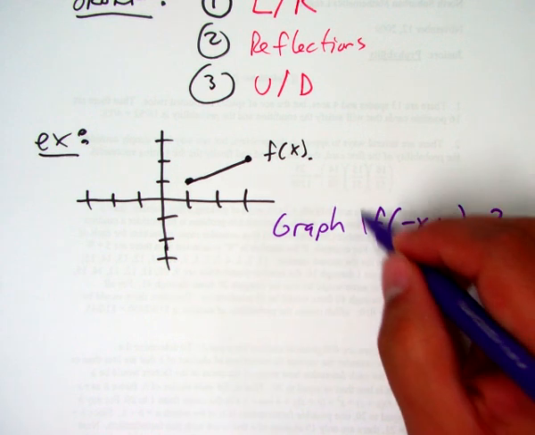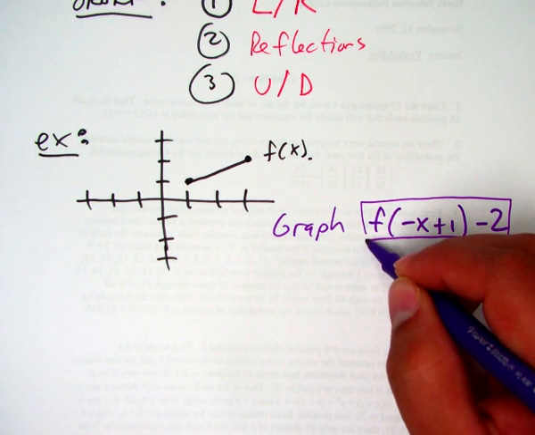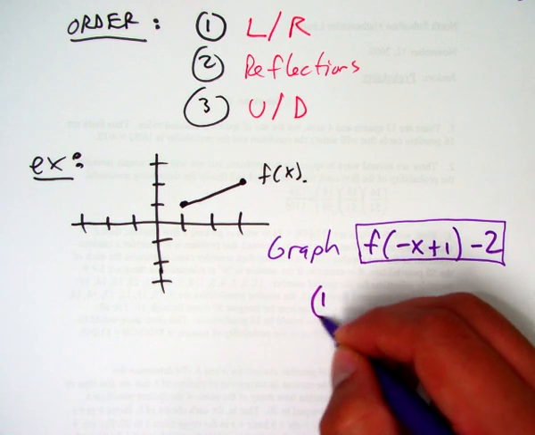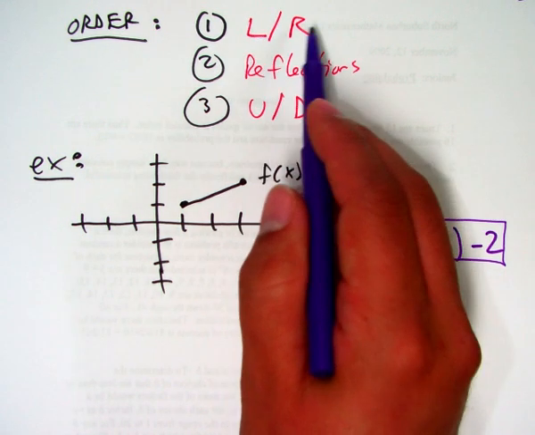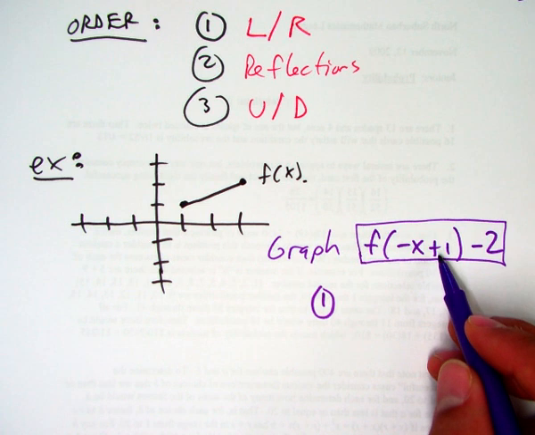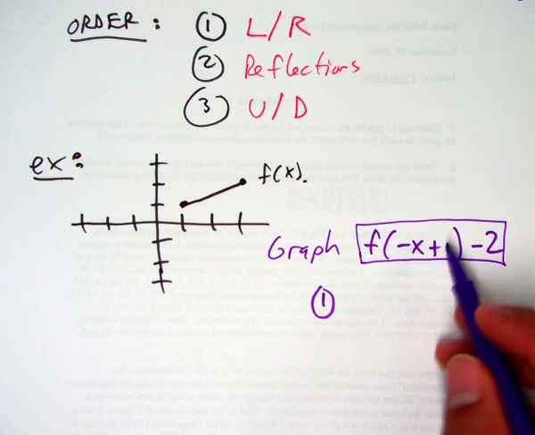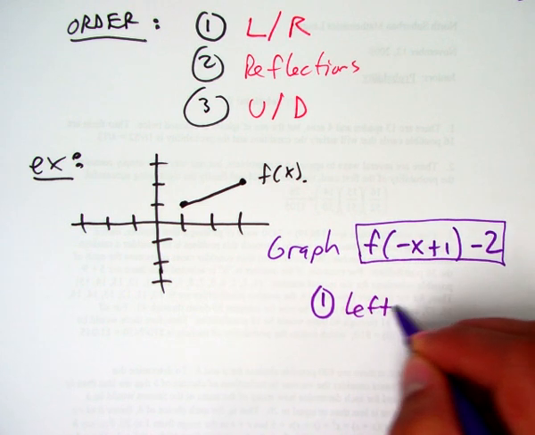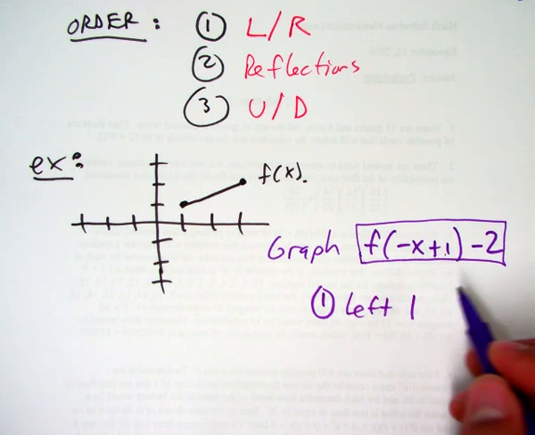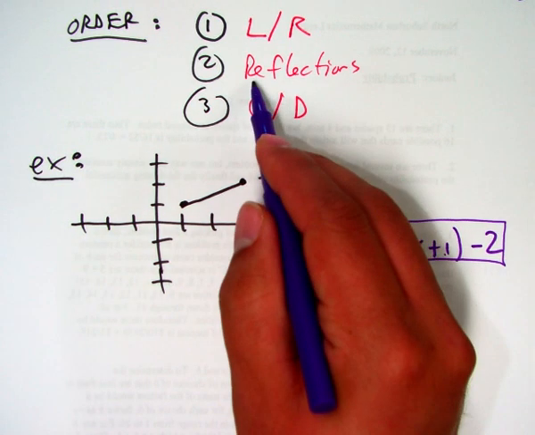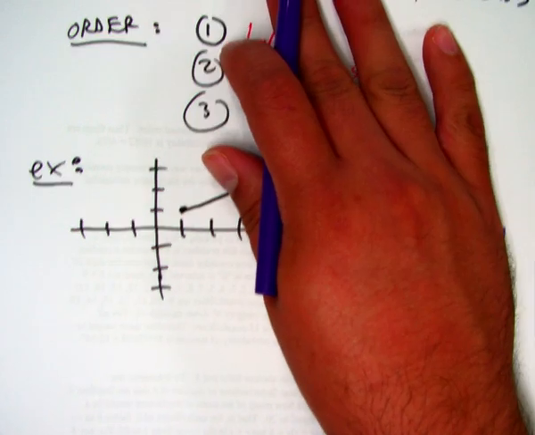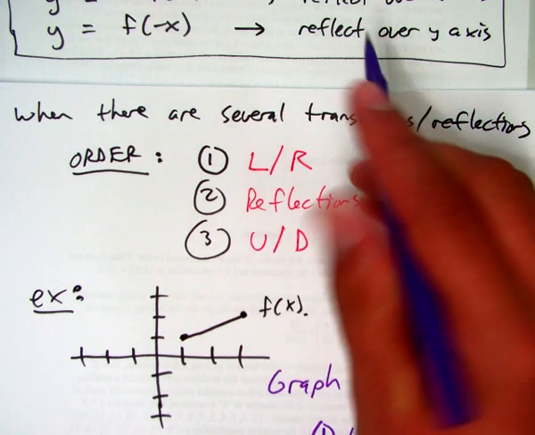So if we want to graph this, we're going to follow this format. So first, do we move left or right at all? Well, I'm going to look here. If there's anything in the parentheses, I know that we go, in this case, left 1, so I'm going to write that down. There's no right movement, it's just left 1 because of this plus 1 here. Next, I'll do any reflections. Well, here I see an x that's negative, so that means we are going to reflect over the y-axis.